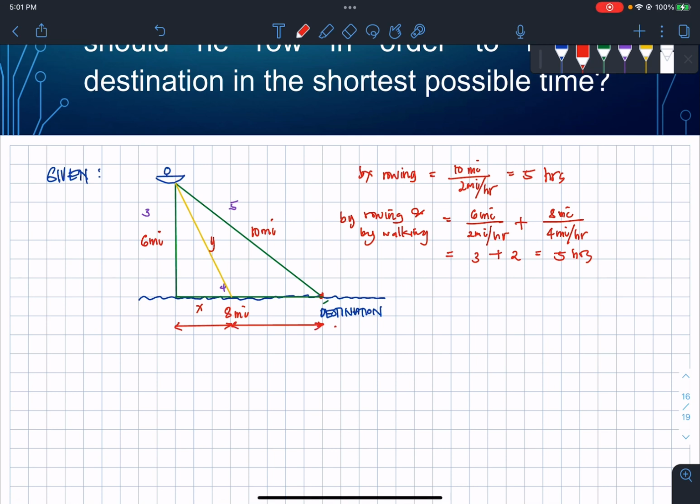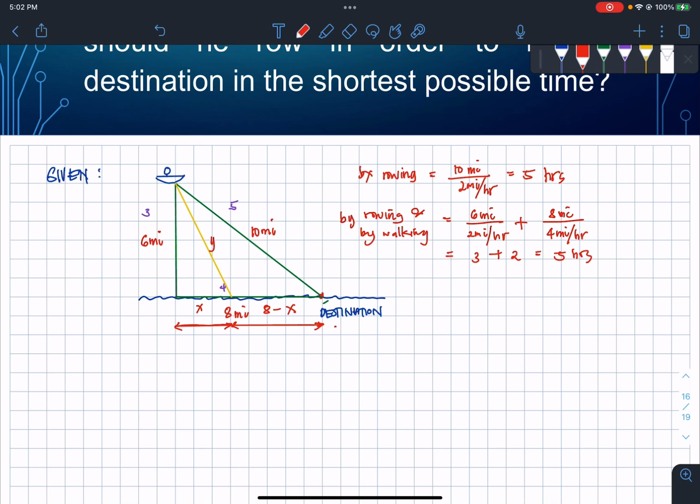I use x there so that I could have the right triangle, which involves y as the hypotenuse, x as the base, and 6 miles as the height. So now, if the entire thing is 8 miles, and from this point to this point is x, it follows that this is 8 minus x. So what he will row would be y miles, and what he will walk would be 8 minus x miles.